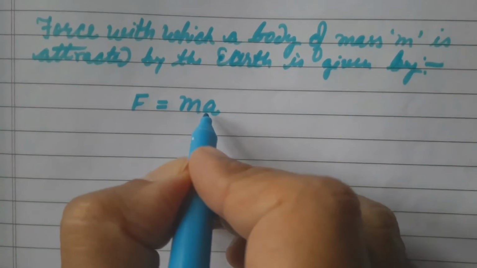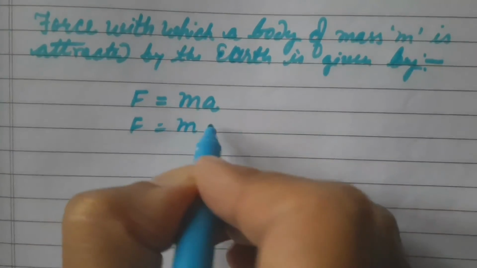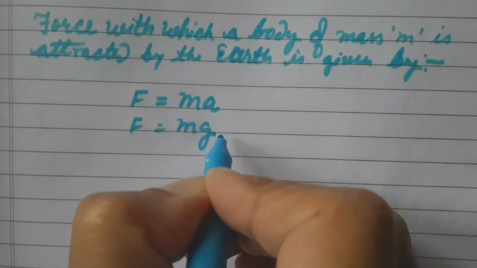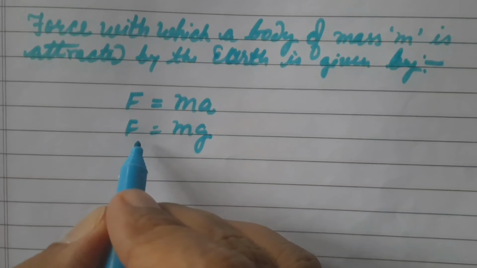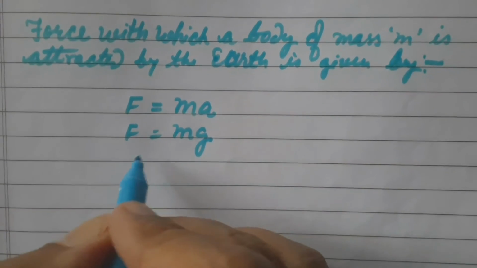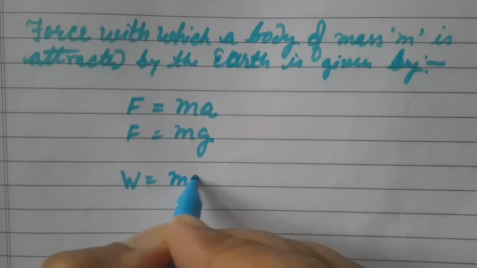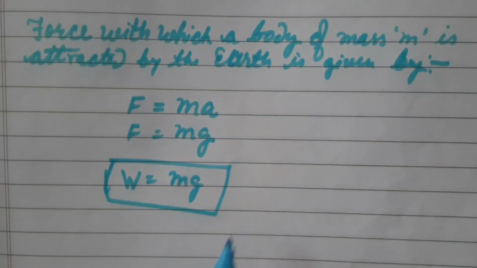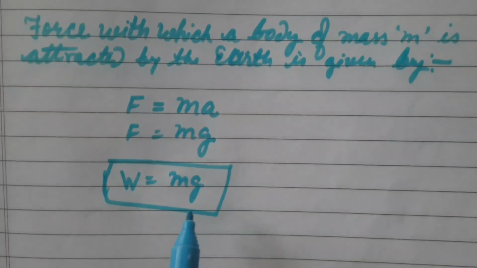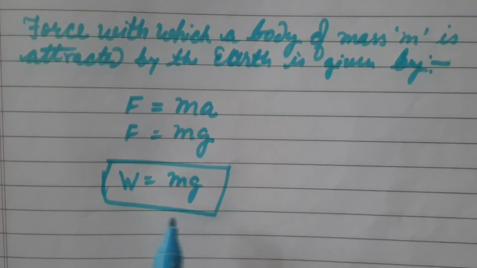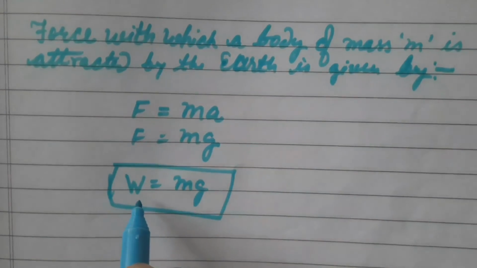Here we will replace a with g, acceleration due to gravity, so it will become F equal to m into g. This force is known as weight of the body. Weight of a body is denoted by W, so we will replace F with W. Weight is equal to mg. And weight has both magnitude and direction. Hence, it is a vector quantity and its SI unit is Newton, because it is a force.